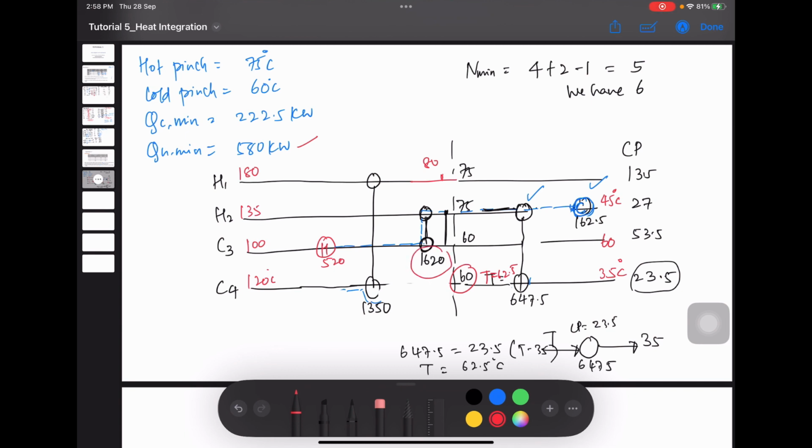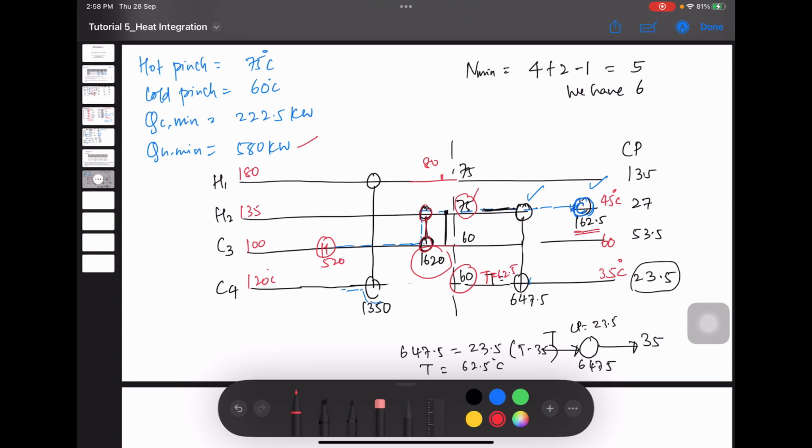Now in this heat exchanger, we have a temperature of 60 near the pinch, but then here the temperature is 75. But when the cooler duty is 162.5, what will happen to this temperature? Use this heat exchanger and calculate your stream temperature.